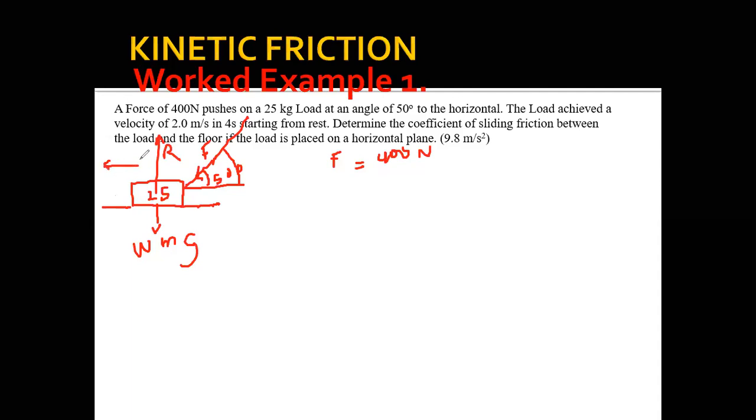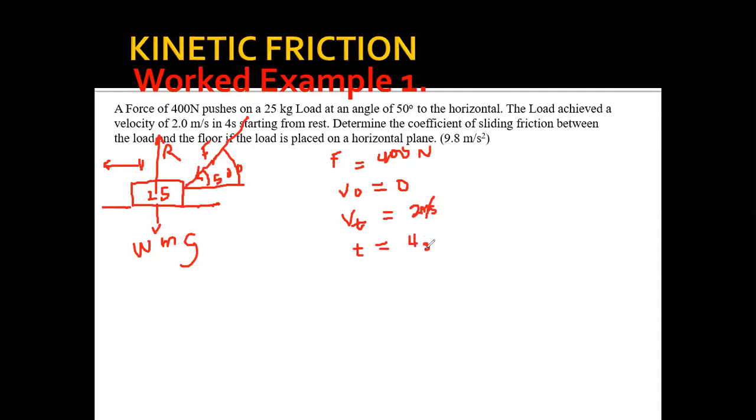So V naught, initial velocity, is 0. The final velocity at 4 seconds is 2 meters per second. Then the elapsed time is 4 seconds.